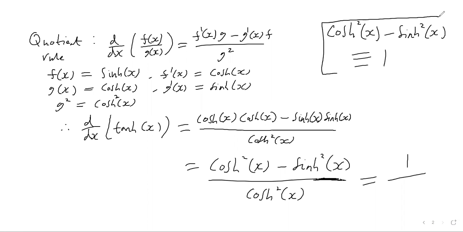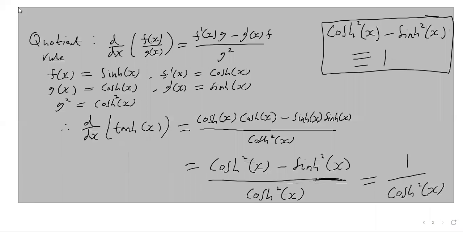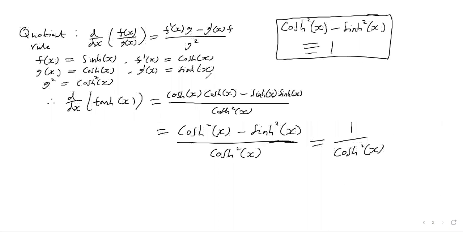So using that knowledge, the numerator is going to be 1, the denominator is going to be cosh squared. So similarly, 1 over cos is just defined as sec. And similarly with the hyperbolic functions, 1 over cosh is just the hyperbolic sec.